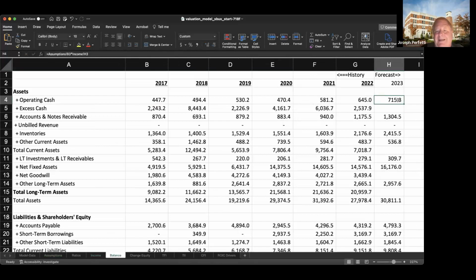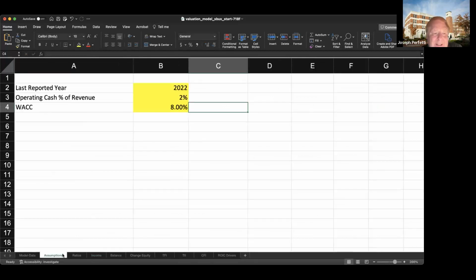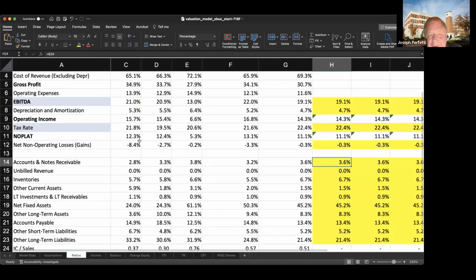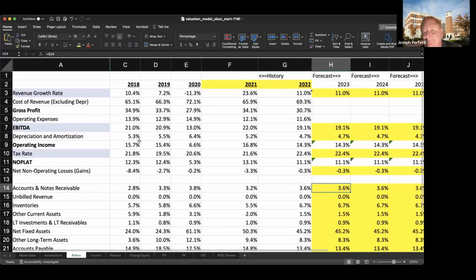All right. And you might say, gee, why did he use the assumptions tab for operating cash? Why is operating cash not on ratios? That would have been a good question, and this would be the answer. The reason it's in the assumptions tab is ratios tend to change year by year. For example, EBITDA 21, 20.9, 13, 22.